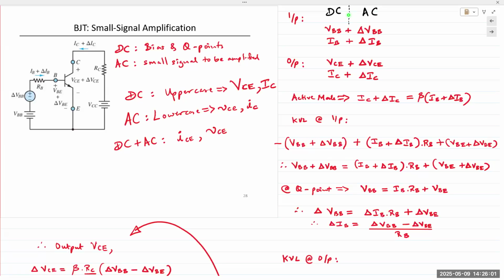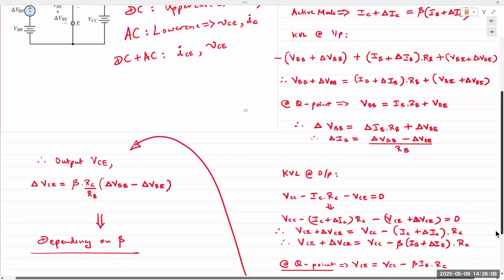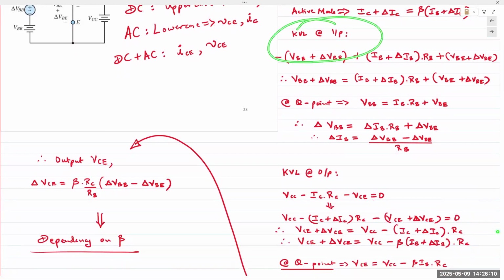So in order to find the biasing points, we would apply KVL at both the input and the output side. When you apply KVL at the input side, we would have VBB, IBRB, and VBE. Now we have an added AC component. On the input side, we have a small AC signal that is represented by the delta VBB.